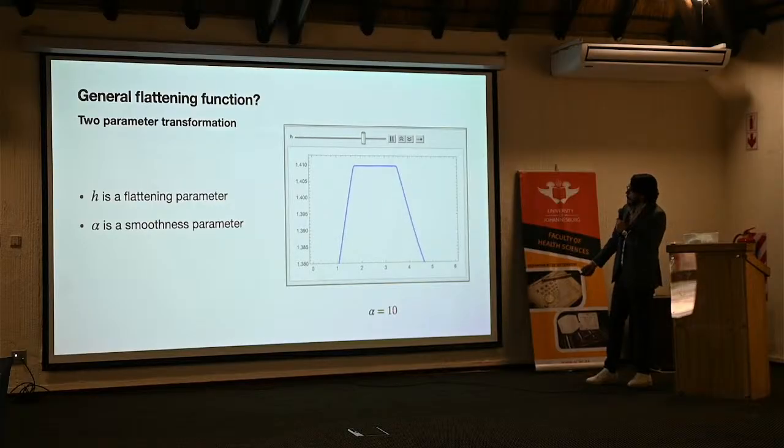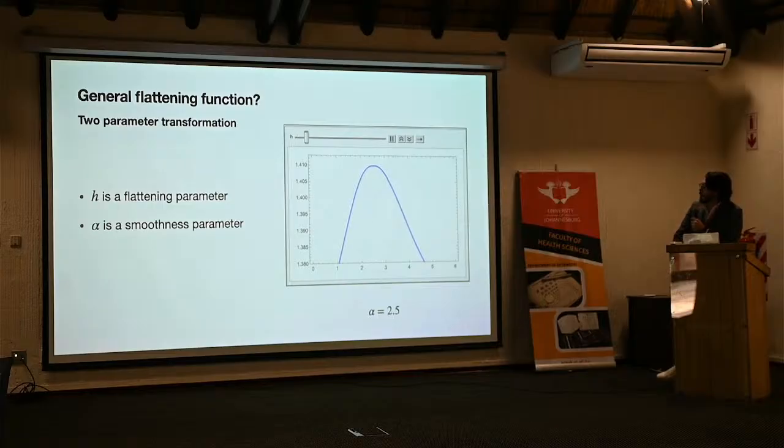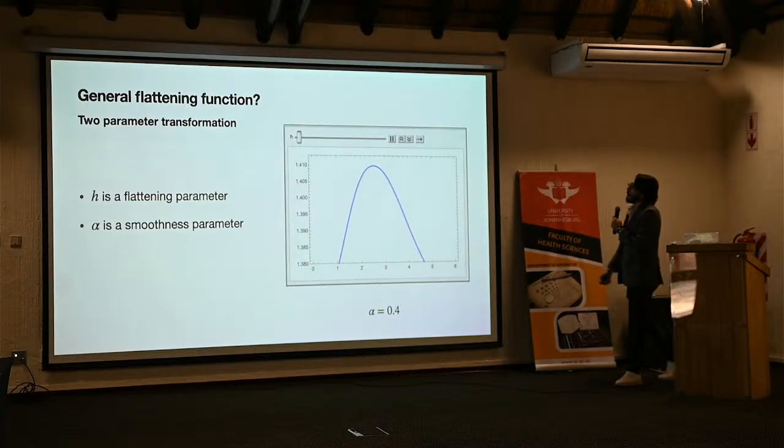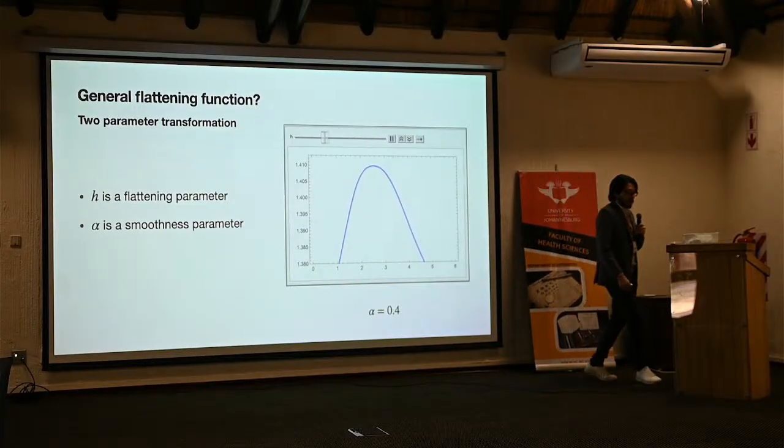So here we have, again, a large value of alpha, in which we can see a very sharp flattening. But as we take other values, we can induce more smoothness variations. So this is a kind of fine-tuning, flattening functional transformation.